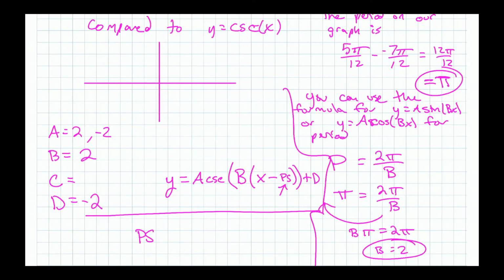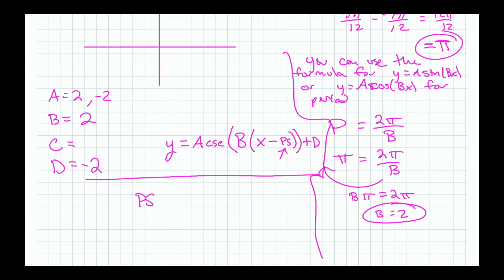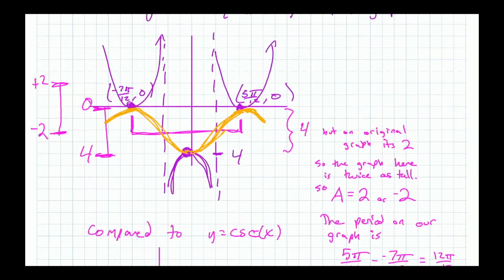Honestly, here's what I was trying to do by doing that. I was trying to avoid this, because with what we've done here, it's not easy to see what the phase shift is, because everything's already been stretched.